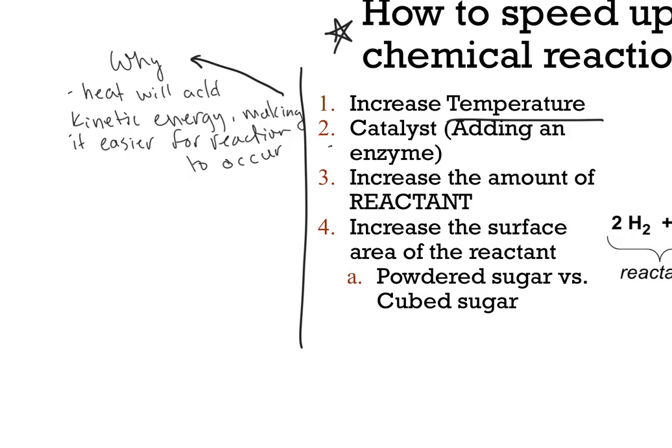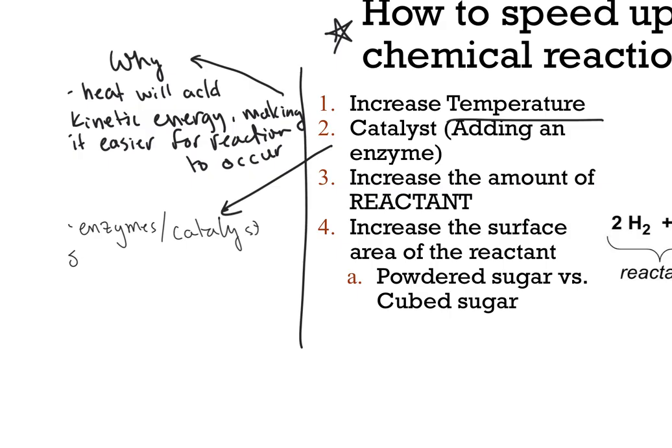Now, catalyst, adding an enzyme. Why would an enzyme be important in this case? Well, the big reason is that enzymes, aka catalysts, speed up chemical reactions by lowering the amount of energy needed.